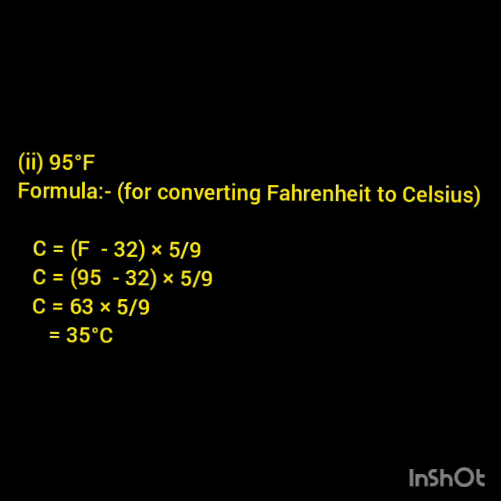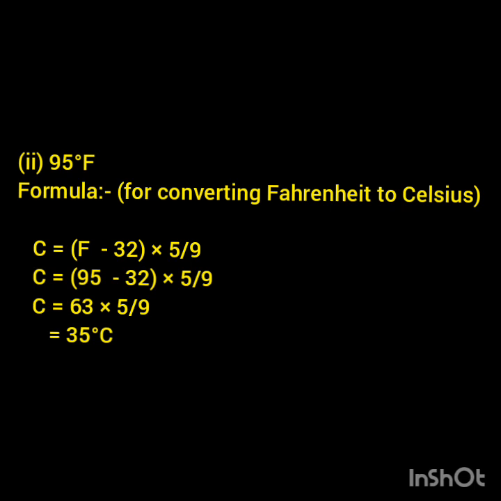Next we convert a value from degrees Fahrenheit to the Celsius scale. For that we have to divide 100 by 180. In this case also we cut the numerator and denominator by 2.